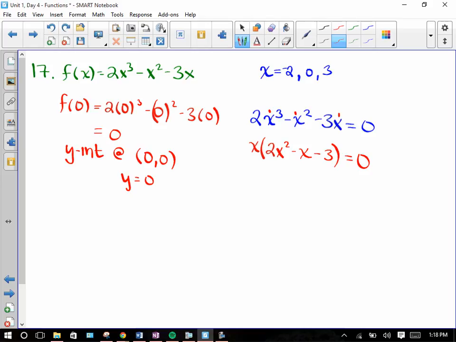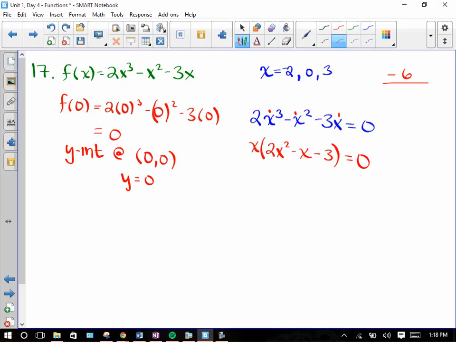So to factor this, what's the first step in factoring this type of quadratic function? We're going to multiply a and c, or the leading coefficient and the constant. In this case, 2 and negative 3. What is 2 times negative 3? It's negative 6. So I need to factor the negative 6.